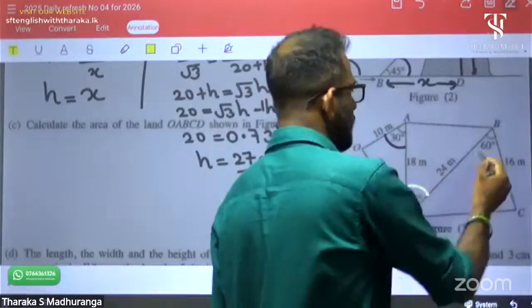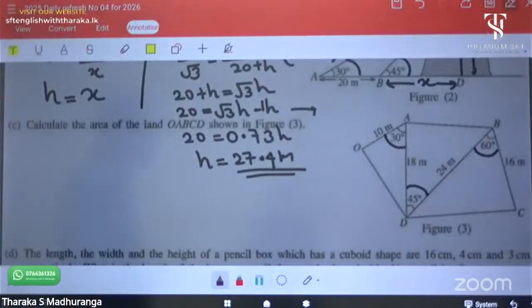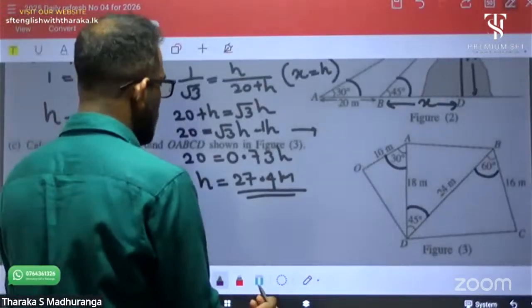It is 45 and 60. Easily you can use the half AB sin C equation. Okay, I'm going to erase this.